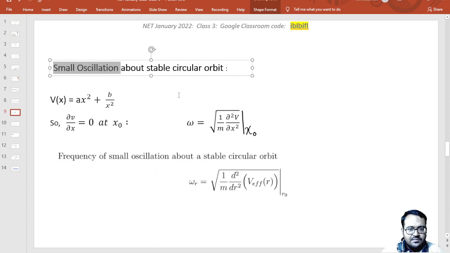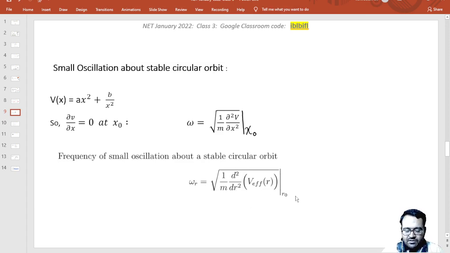So just a very basic small oscillation theory will give you that the frequency of small oscillation about a stable circular orbit will be the square root of 1 by m, d square dr square of the effective potential evaluated at r naught.